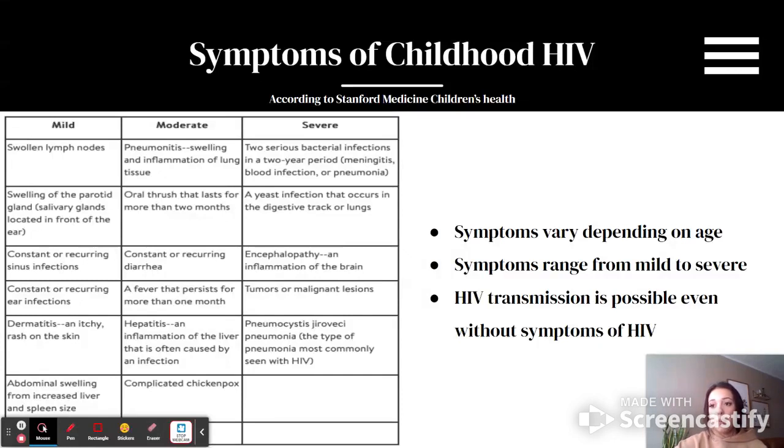Moderate symptoms include pneumonias, oral thrush, recurring diarrhea, fever, chickenpox, and kidney disease. And then severe symptoms include 2 serious bacterial infections in a year, yeast infections of the digestive tract or lungs, tumors, and all of that listed there in that column. And if the individual does not experience any symptoms throughout their diagnosis, transmission is still possible without specific treatment.